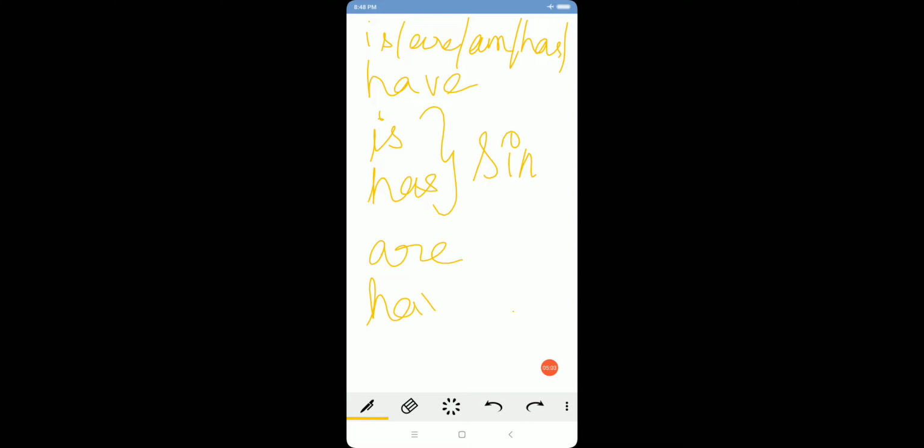Are, have. These are the plural auxiliary verbs, used after a plural subject. Am will be used after the subject I. So these are the auxiliary verbs we have seen in the present tenses, right?